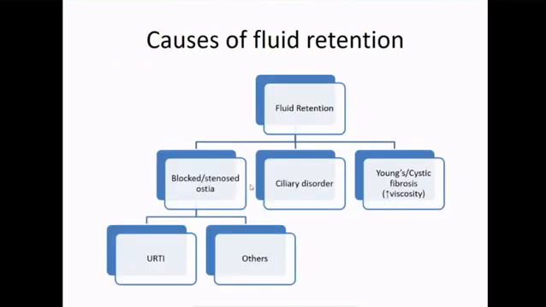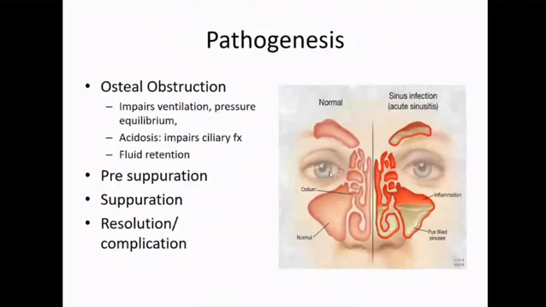Okay. So as I put here, you can see the main pathogenesis. When somebody has URTI, you can see the inflamed, edematous mucosa here, the ostium becomes blocked, and then it will impair ventilation of the sinus or sinuses.